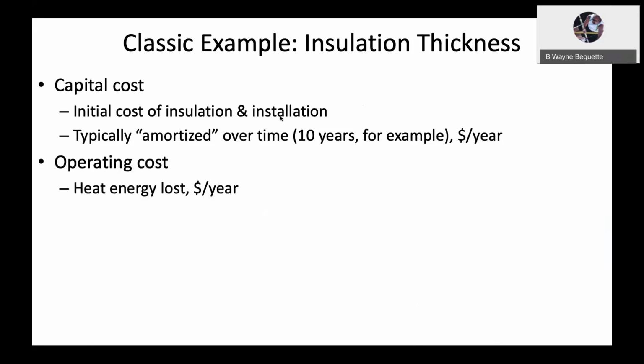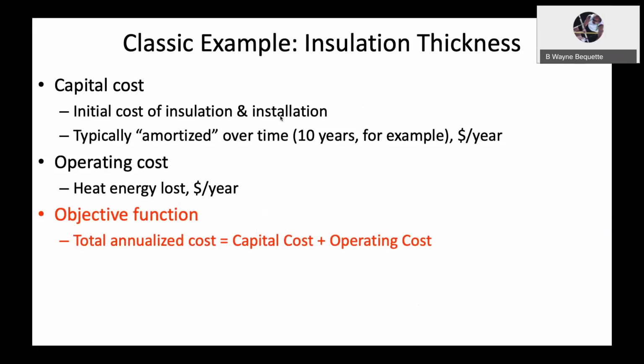Then you have the operating cost, and that's the heat lost value per year. The objective function in this particular case would be to minimize the total annualized cost. That is, you want to minimize the sum of the capital cost and the operating costs.